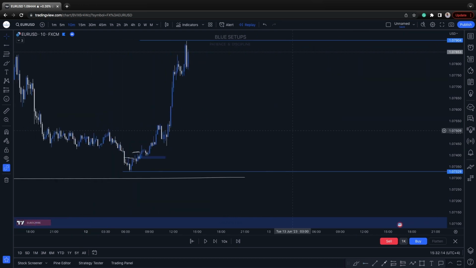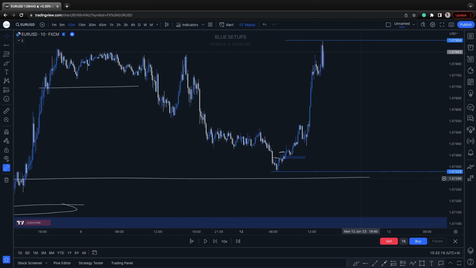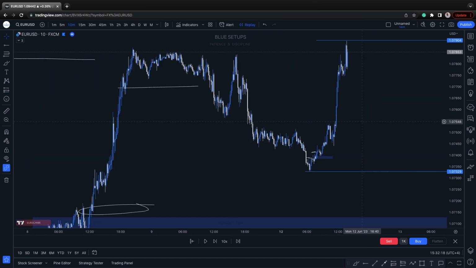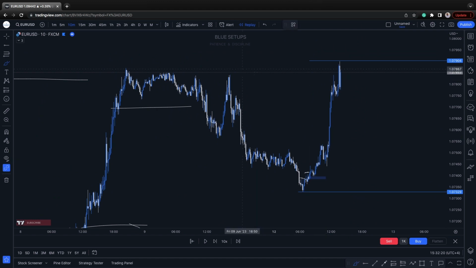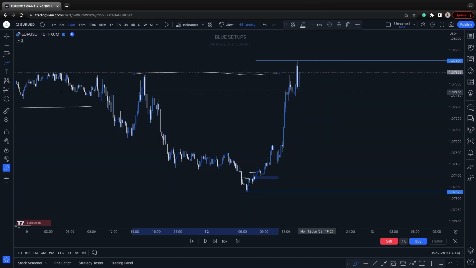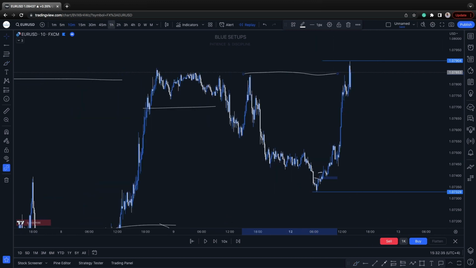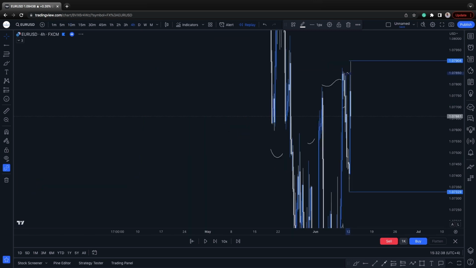After establishing this range, you would have realized that we already have a break of market structure right here, and of course our pre-established bias is already bullish. So the market structure is already there. Let me replicate those markings back for you guys.